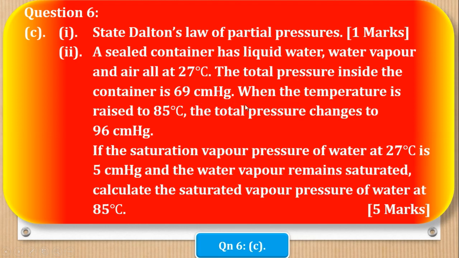Then when the temperature is raised to 85 degrees Celsius, the total pressure changes to 96 centimeters of mercury. If the saturation vapor pressure of water at 27 degrees Celsius is 5 centimeters of mercury and the water vapor remains saturated, calculate the saturated vapor pressure of water at 85. It carries 5 marks.